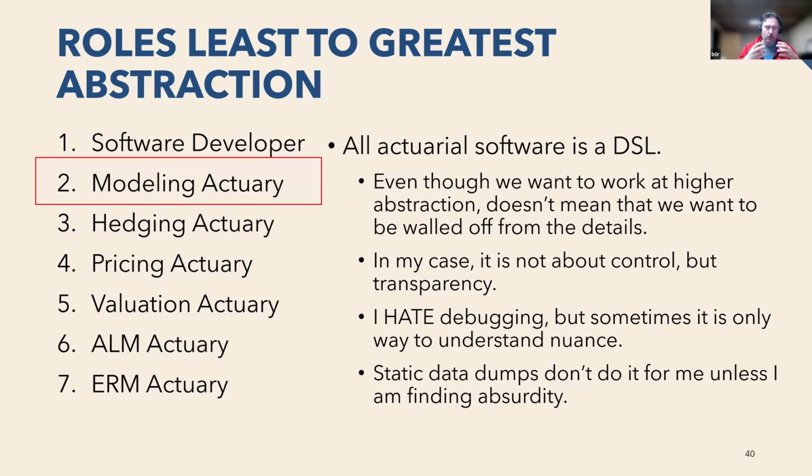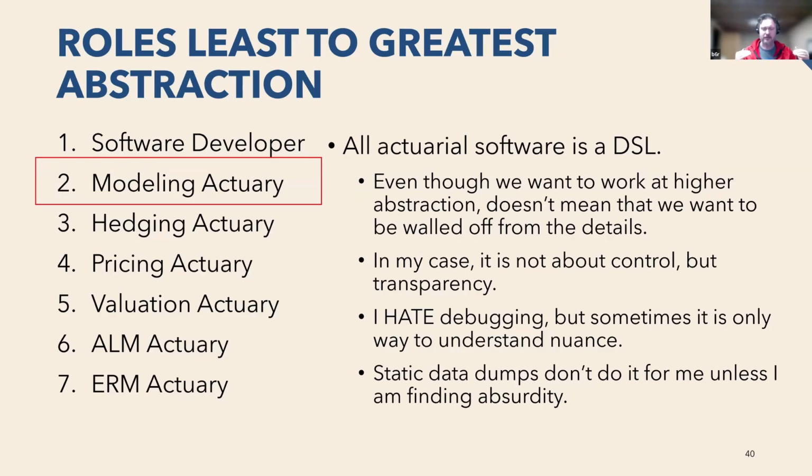So one of the other things that I think actuarial software fails at is understanding that actuaries need to be working at different levels of abstraction. A software developer is probably working at the bare metal, right? Because he's working with the programming language. Your modeling and hedging actuaries are usually pretty good at programming, so they're a layer above the metal.